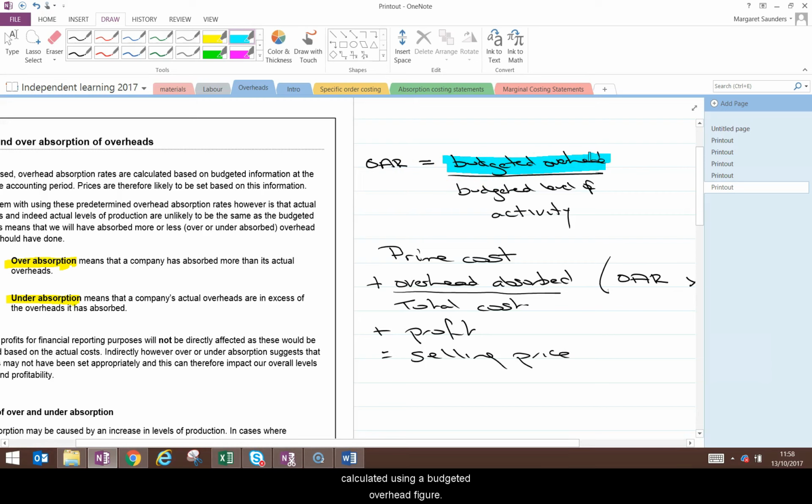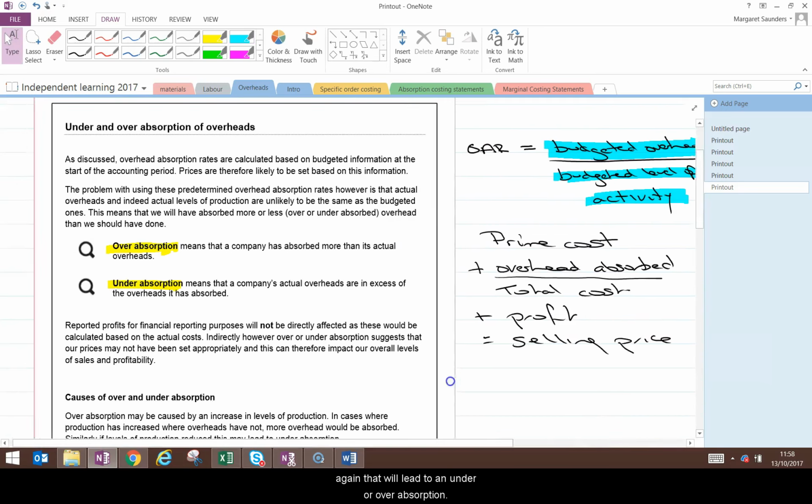If the actual overheads differ to the budgeted overheads, then there will be an under or over absorption. Similarly, we've used a budgeted level of activity. If the actual level of activity differs to the budgeted level, again, that will lead to an under or over absorption.